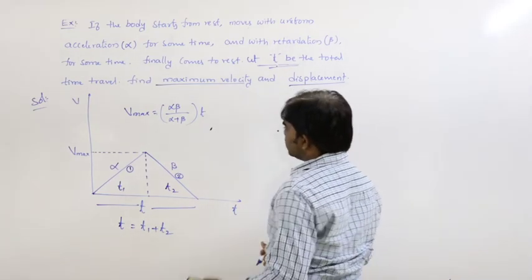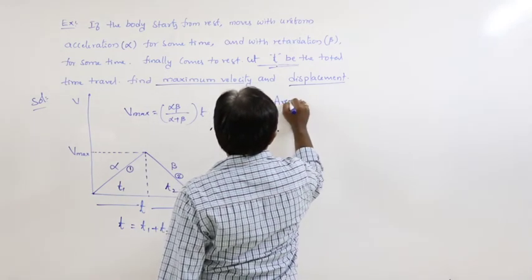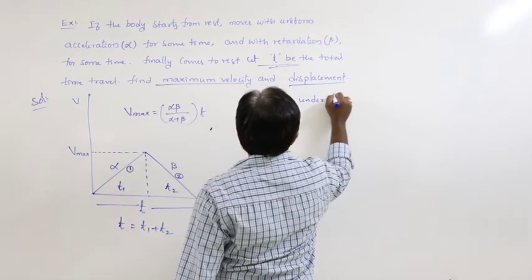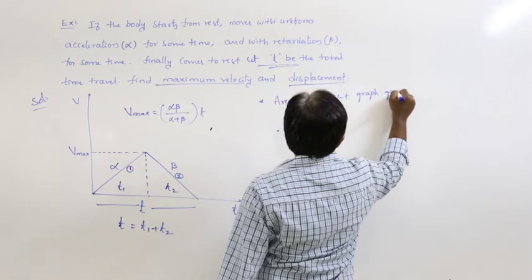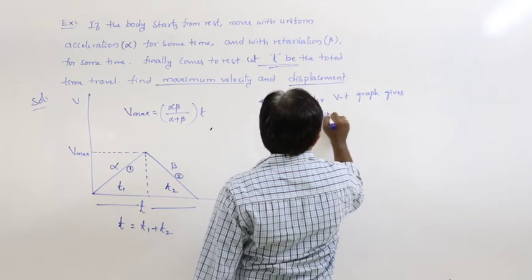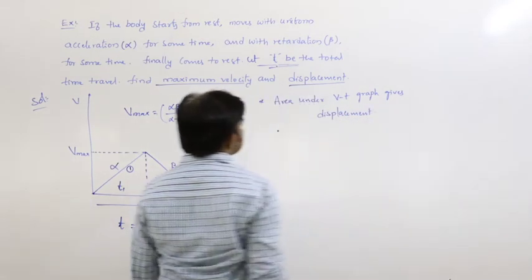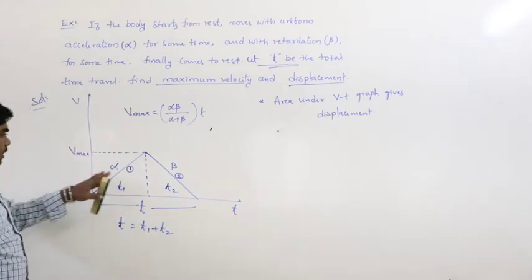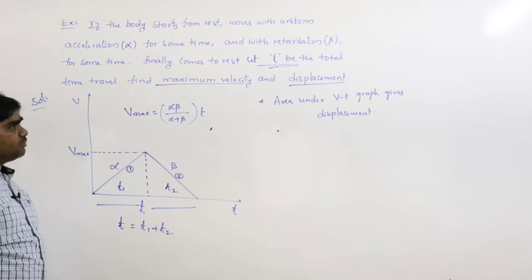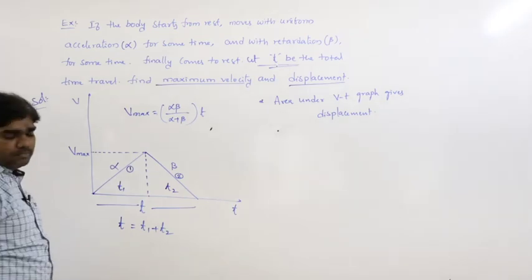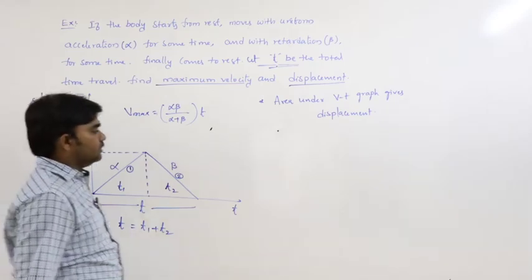So how can you calculate displacement? According to the condition, area under the velocity time graph gives displacement. This is the velocity time graph. Area under the velocity time graph gives displacement.